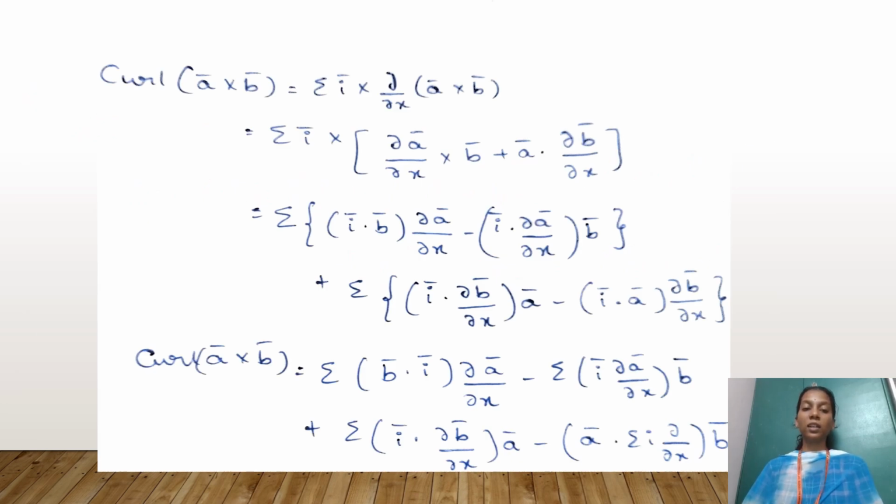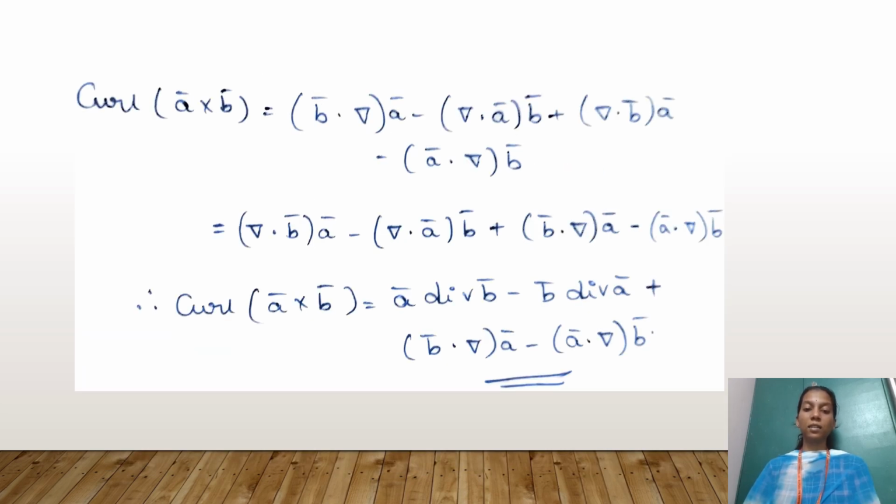First, we have to find the curl of A bar cross B bar, which is the summation of i bar into dou by dou x of A bar cross B bar, which is the summation of i bar into dou A by dou x cross B plus A cross dou B by dou x. We elaborate this, write it in this form, and after some summation we get the answer.